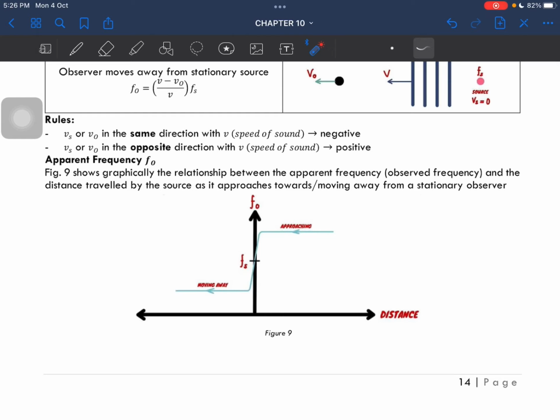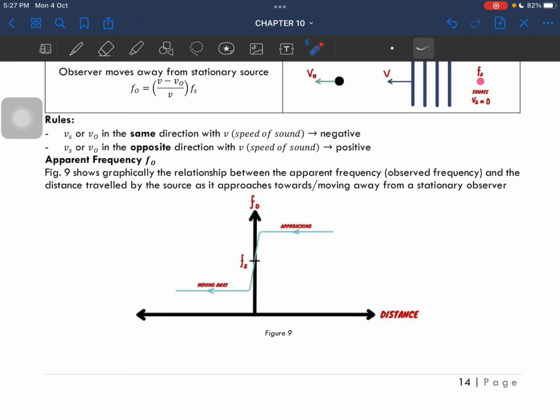If this is the source at this point, as it approaches and the distance is getting closer, there will be a point where the observed frequency is equal to the source frequency. But as it is moving away, the frequency is reducing. The observed frequency goes down.